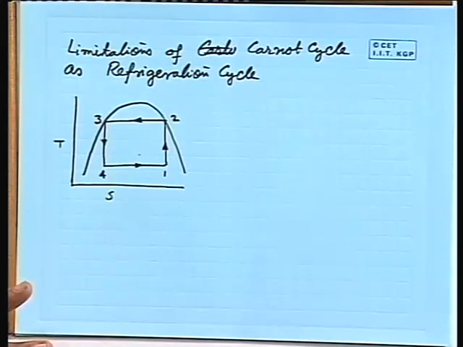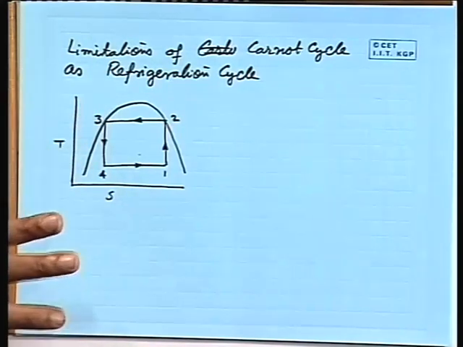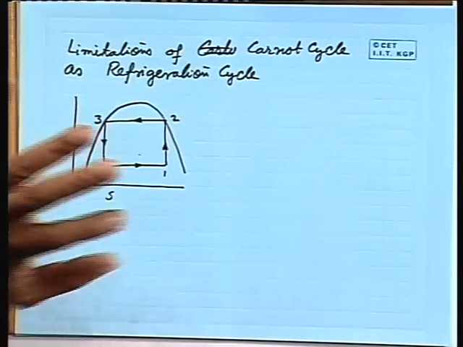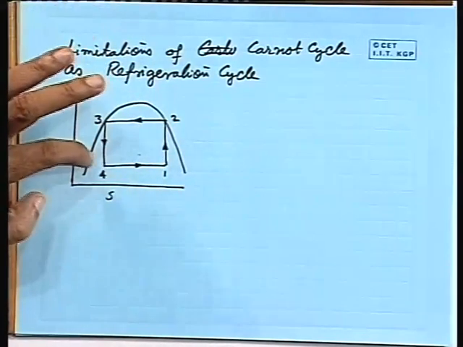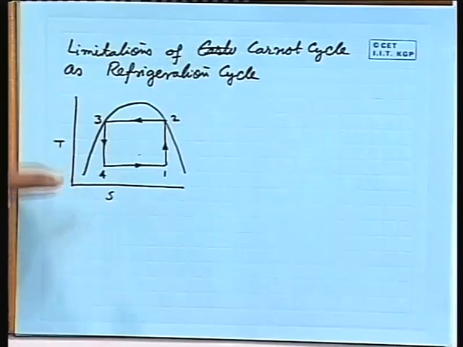We will have two isothermal heat transfer processes, one heat addition and one heat rejection. When I am having a two-phase working fluid, the fluid will undergo phase change. So, these heat addition and heat rejection processes are easy to achieve. They can be achieved as a boiling process or a condensation process.